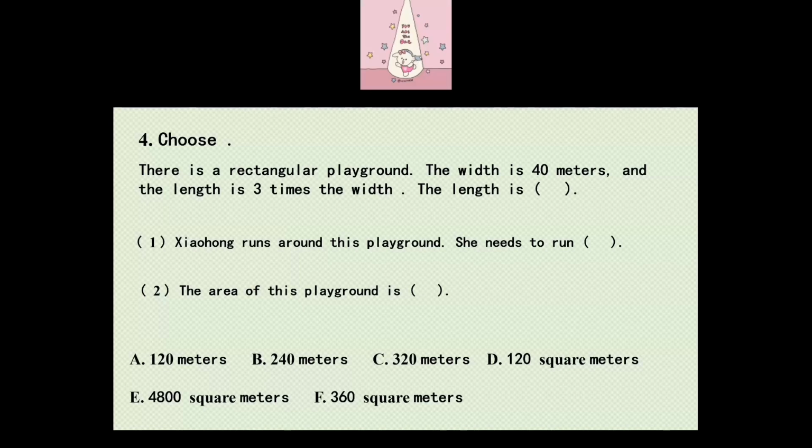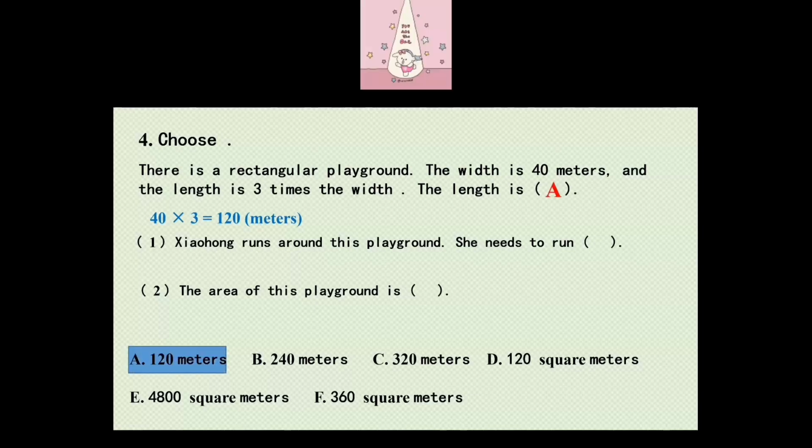Just tell me the length. 40 times 3 equals 120 meters. Yes, good.